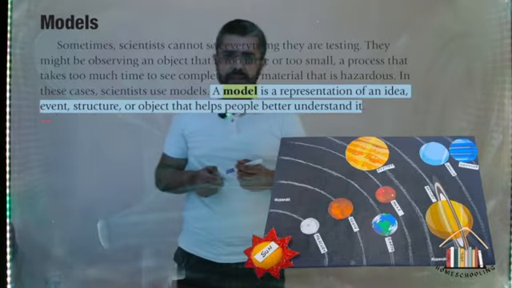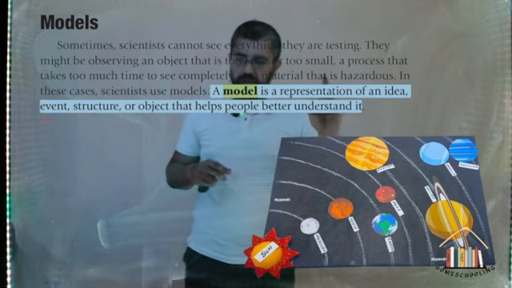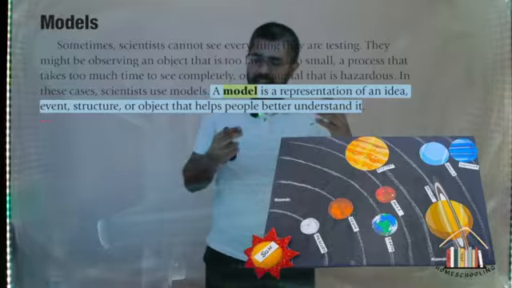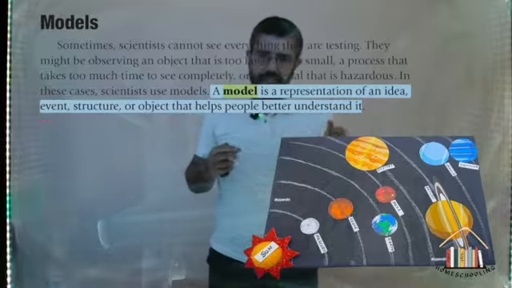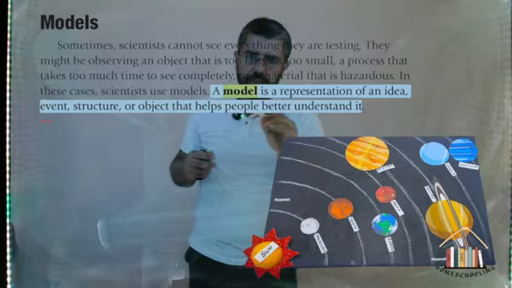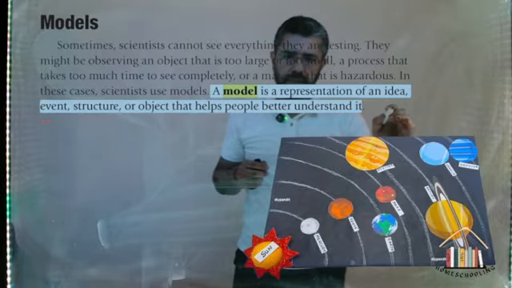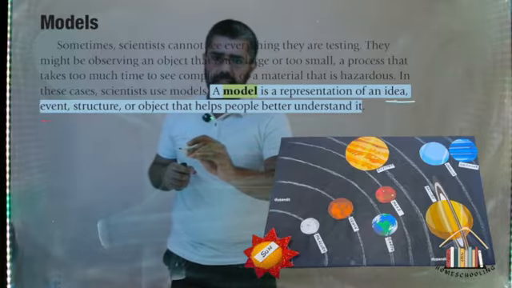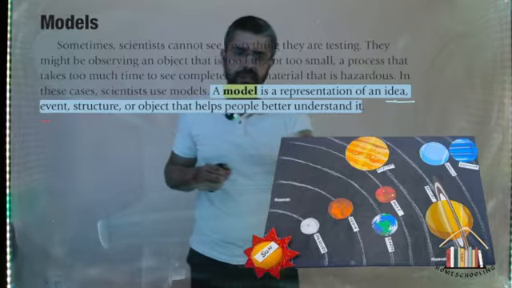By definition, and by the way, in physics we like creating models a lot because it helps us understand reality. A model is a representation of an idea, event, structure, or object that helps people better understand.